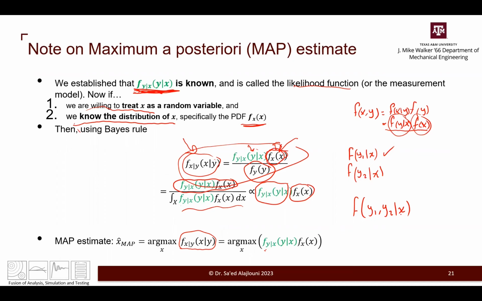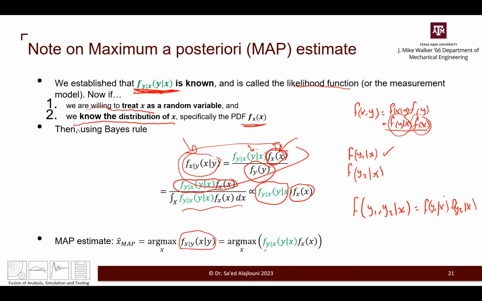Now we invoke something that we covered in the previous slides. What does it mean if I tell you that y1 and y2 are conditionally independent given x? Then it's going to be f of y1 given x times f of y2 given x.